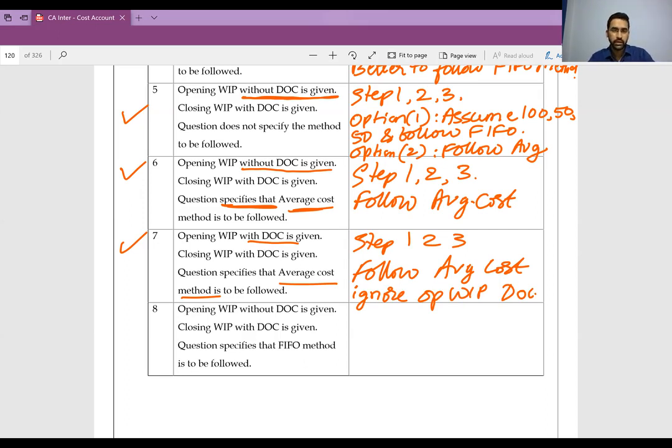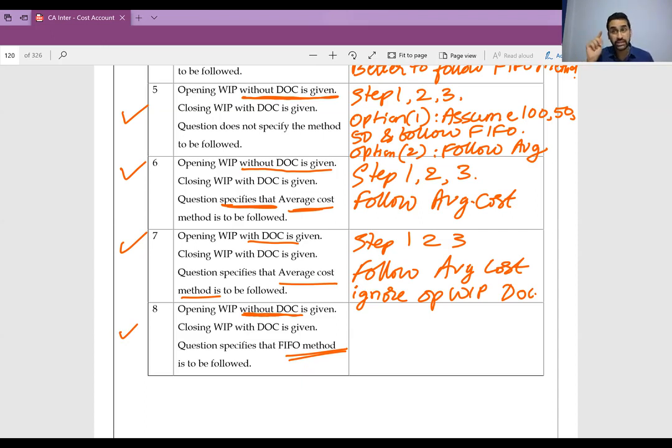Right. Next one. Opening WIP without DOC is given. Look at this. Opening WIP without DOC is given. Closing WIP with the DOC is given. But question specifies that you should follow FIFO method. Now understand. To follow FIFO method, you need DOC opening.